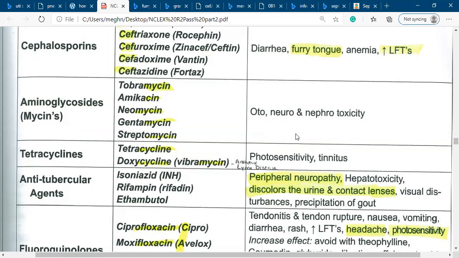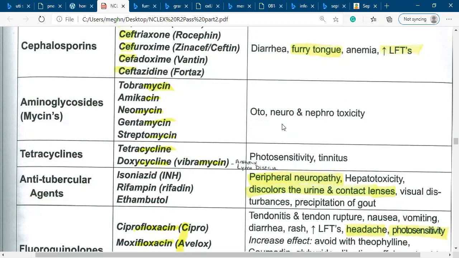So the side effects of aminoglycoside: they cause ototoxicity, they cause nephrotoxicity, and they cause neurotoxicity like vertigo or ataxia.